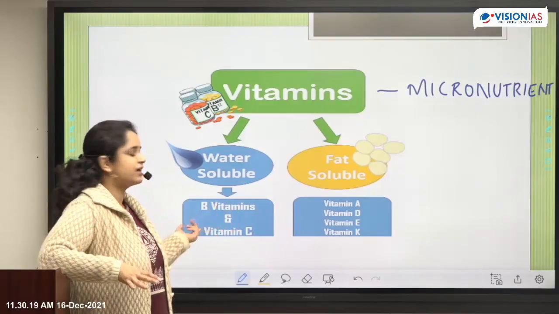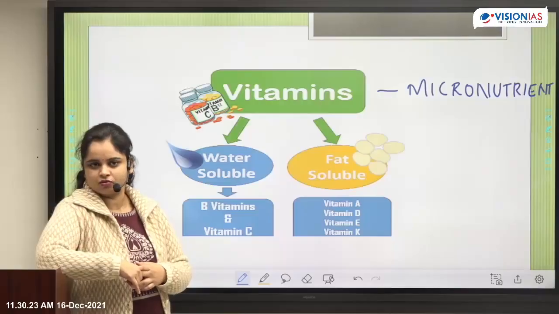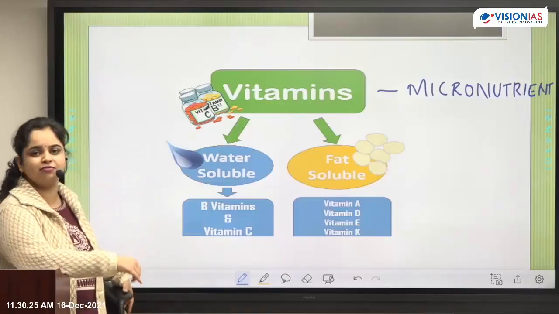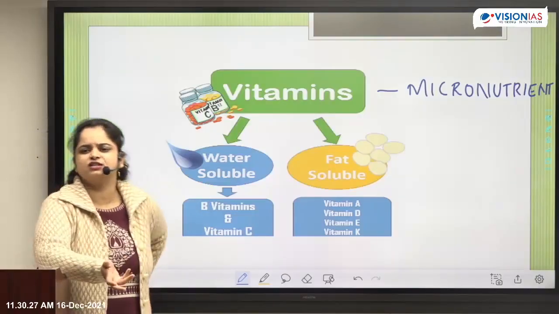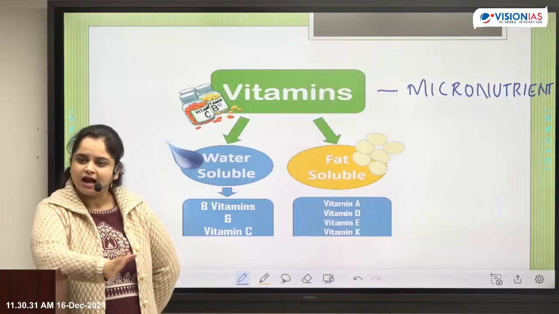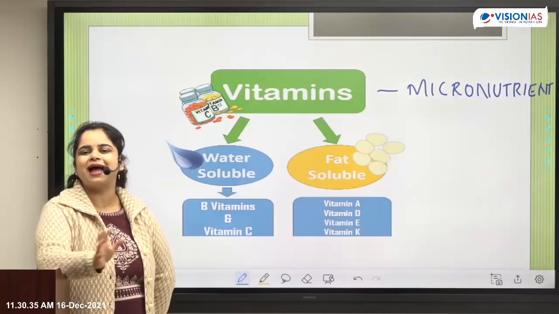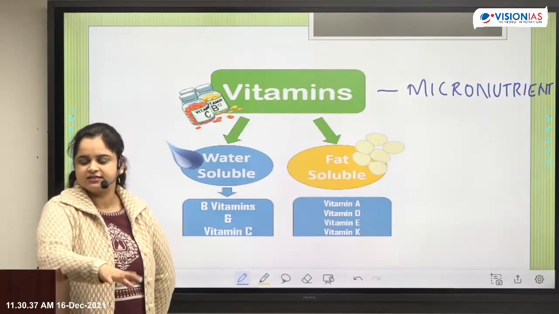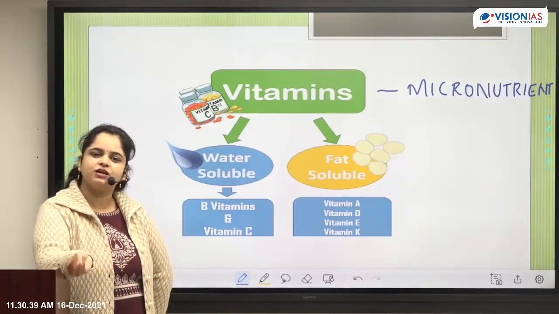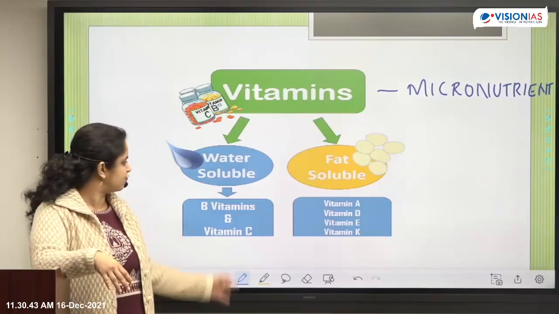So whatever can dissolve in water can easily be removed. If I take excess of vitamin B or vitamin C, that is not a problem. My body very comfortably can remove it. It will continuously keep removing it, so I have to keep adding it also. Water soluble vitamins have to be continuously restored.